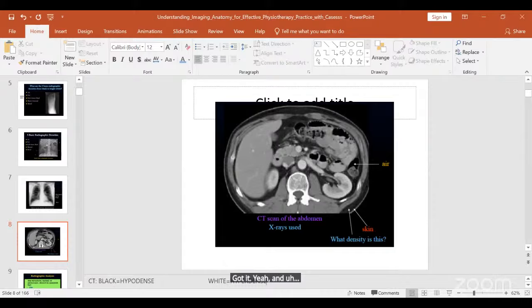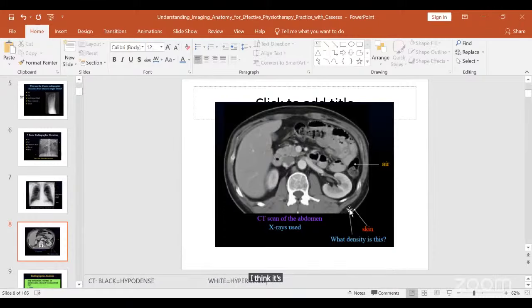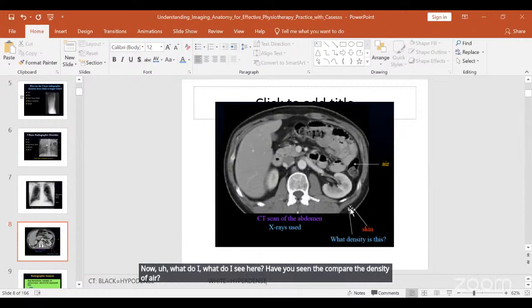Are we together? Now look at air density. Good. Now look at this subcutaneous tissue. Can you see it? Somebody is distracting us. I think it's Saad. Saad, you can mute yourself. Good. Now, what was I saying here? Compare the density of air and the density or appearance of this subcutaneous tissue.